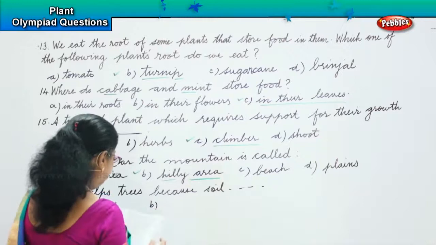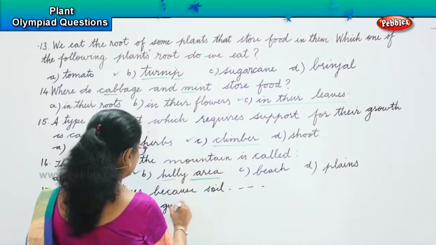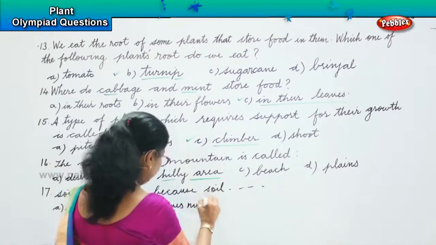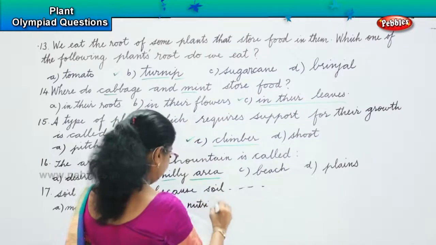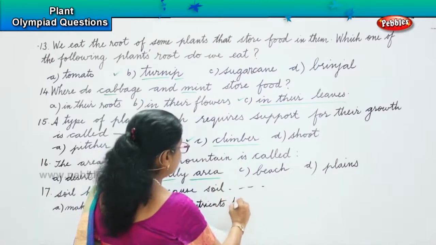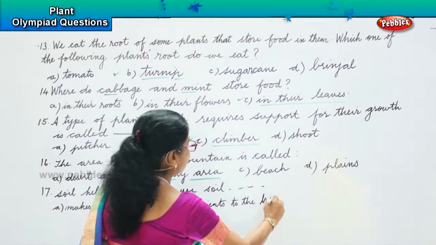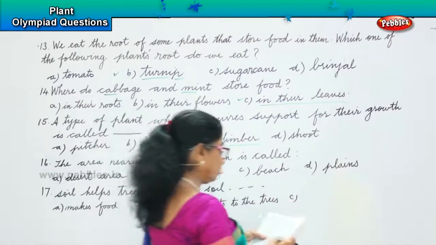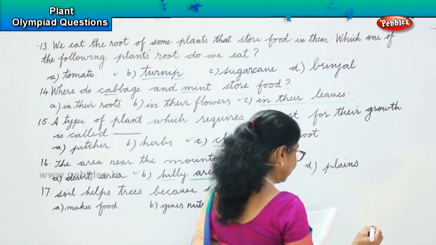Option B, gives nutrients to the trees. Option C, moves the trees.